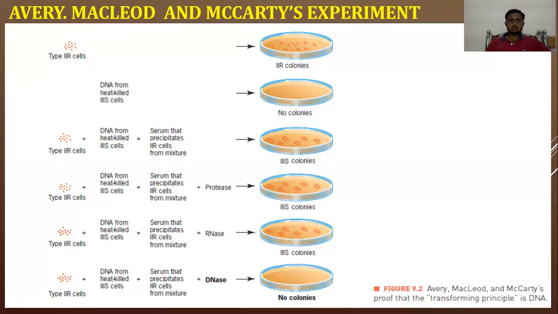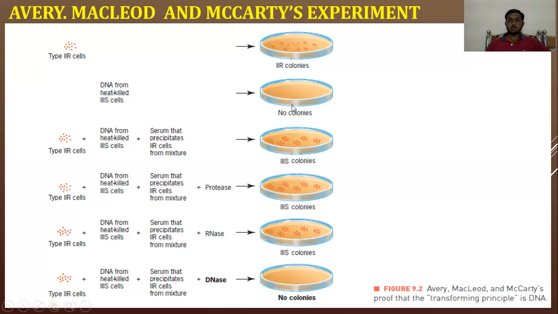Later on, they inoculated only the DNA from heat-killed S type cells. The S type cells were given a heat treatment so that the cells were killed and only the nuclear material remained, and they inoculated the DNA from the heat-killed virulent S type strain on the nutrient media.